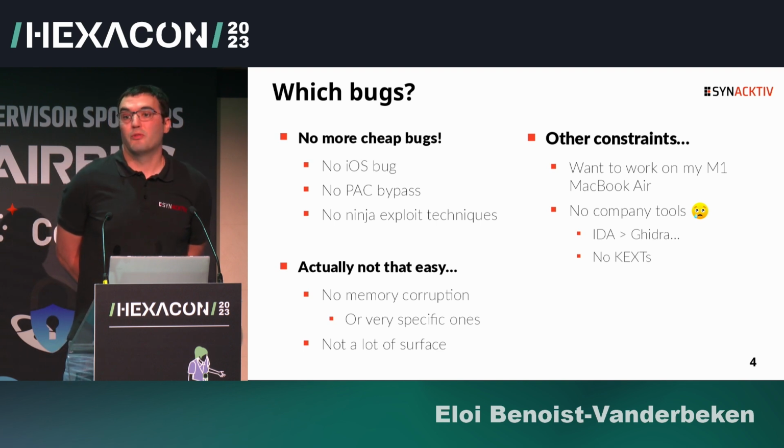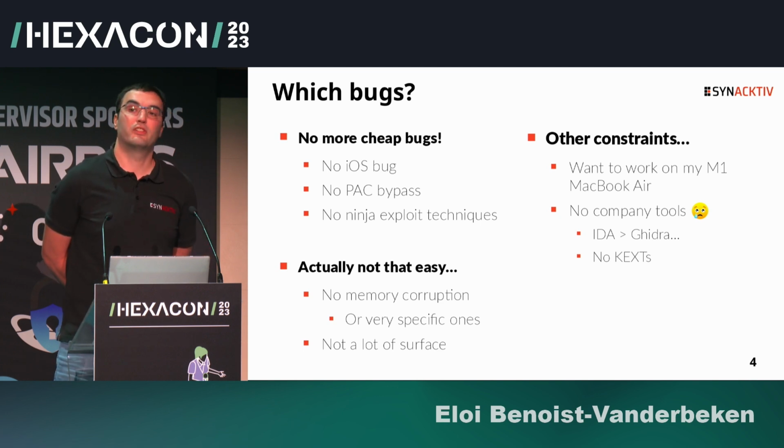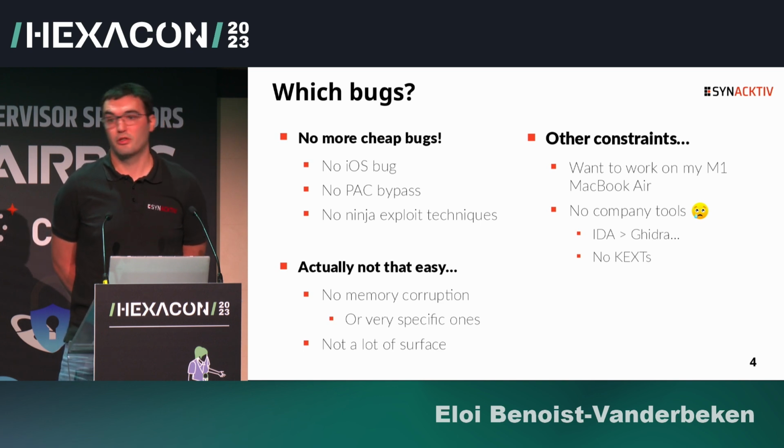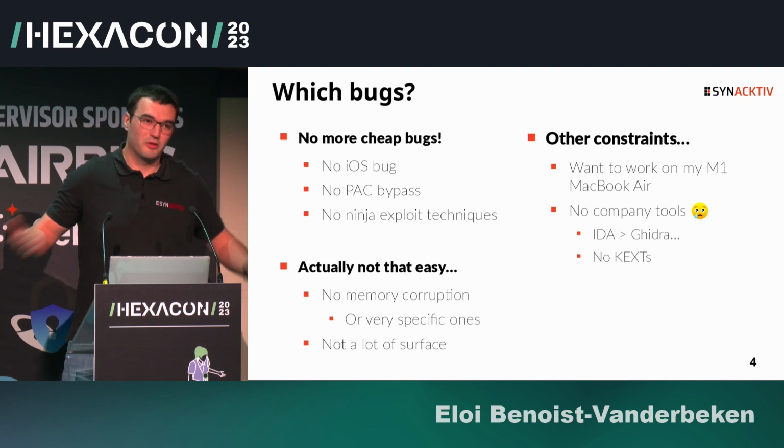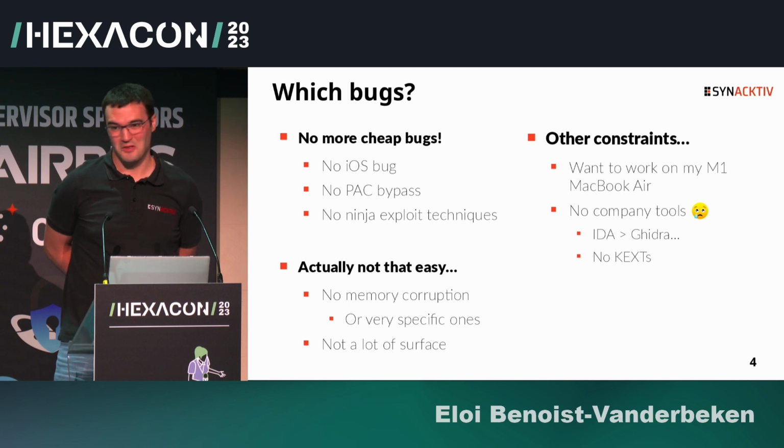I didn't want to burn a PAC bypass because those are valuable also. And I didn't want to burn exploit techniques because, as Zerub was saying this morning, exploit techniques are very valuable, and Apple tends to patch them also, not just bugs. And you don't want that. Well, I don't want that. Maybe you, as an owner of an iPhone, you may want that, but sorry.